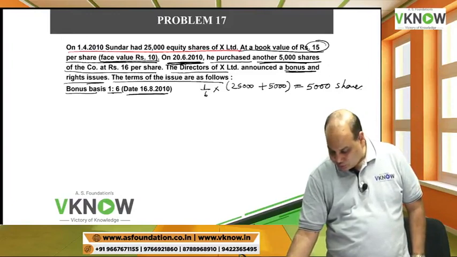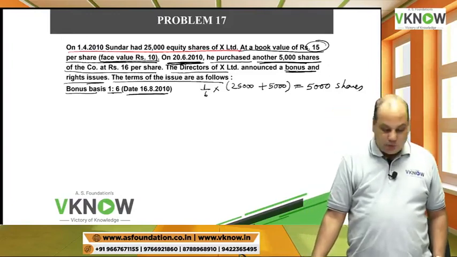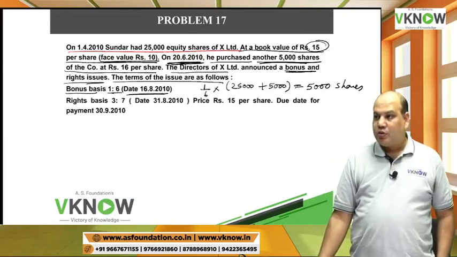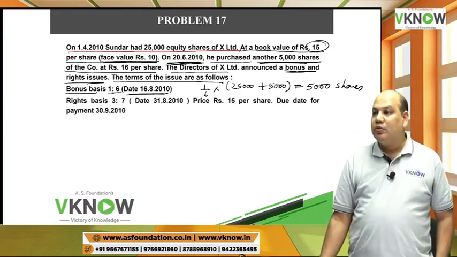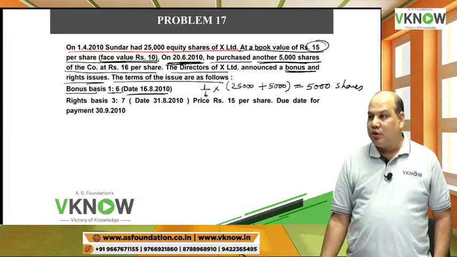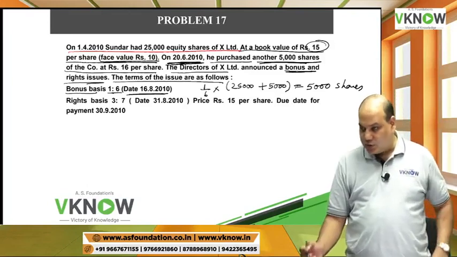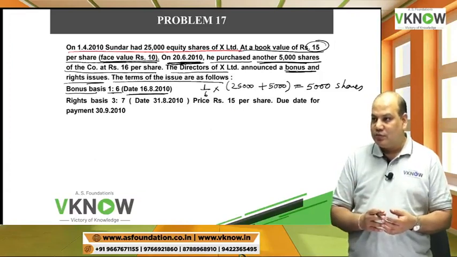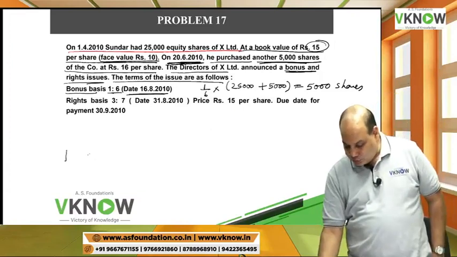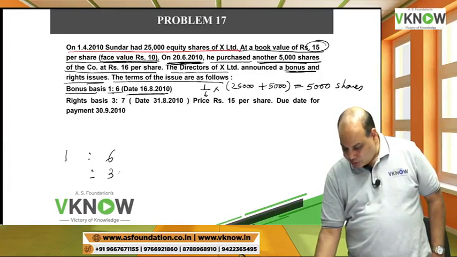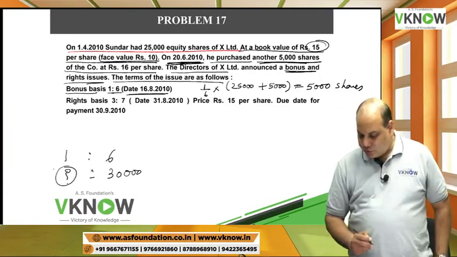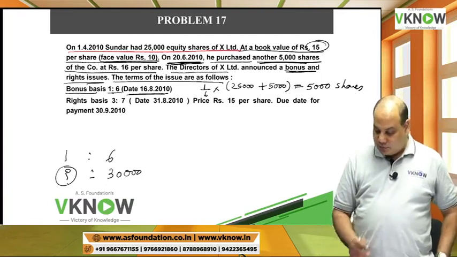You are right. 5,000 shares will be received. So while solving the question, we have to keep in mind 5,000 bonus shares will be received. 1:6 means 1 bonus share for 6 existing shares. So if you have 30,000 existing shares, how many bonus shares will be received?